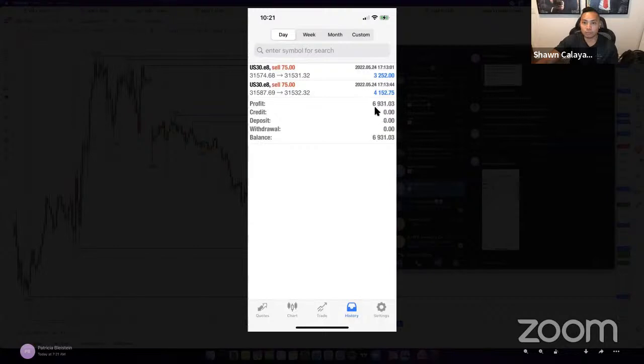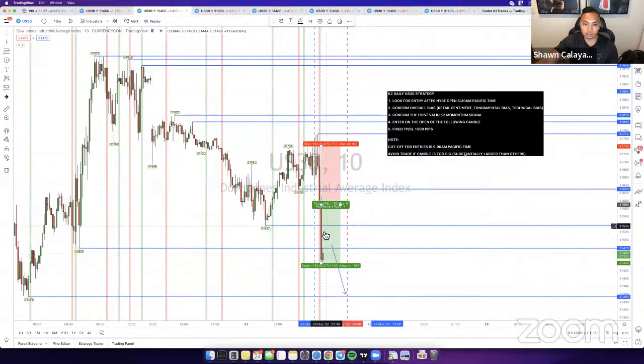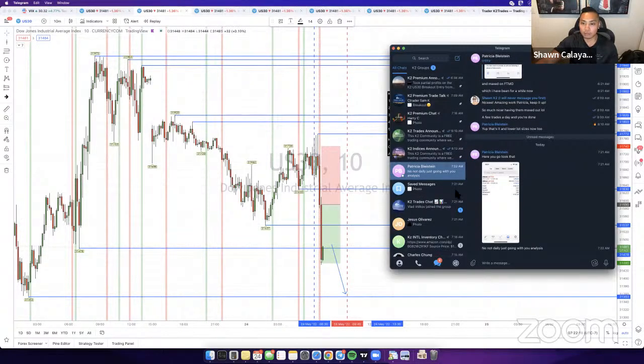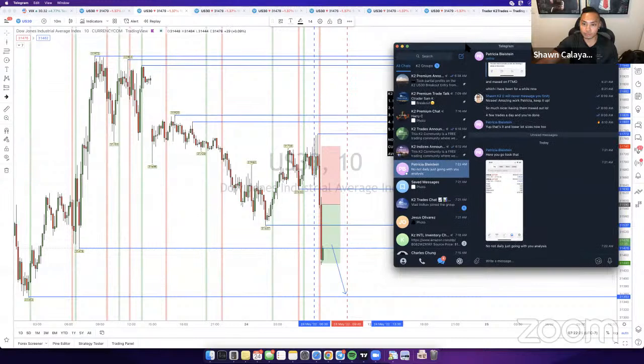She locked in almost 7,000 off her account right here. Just two trades right at the same time, 713. So she got in a little later, it looks like. She entered maybe a little bit into profit and she pushed way down into the TP. So nice work, Patricia. Oh, not the daily. Gotcha. Okay. So Patricia said not the daily, just going off my analysis. So great work right there, Patricia.